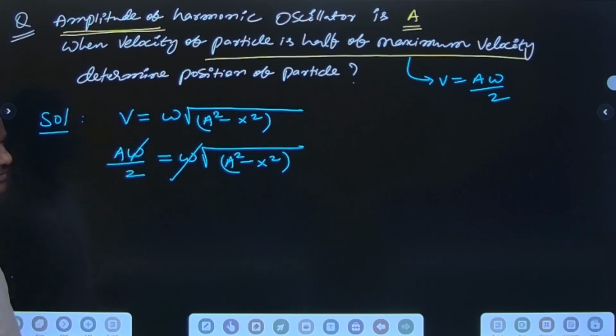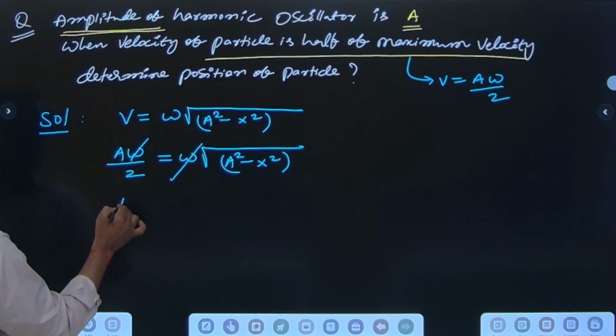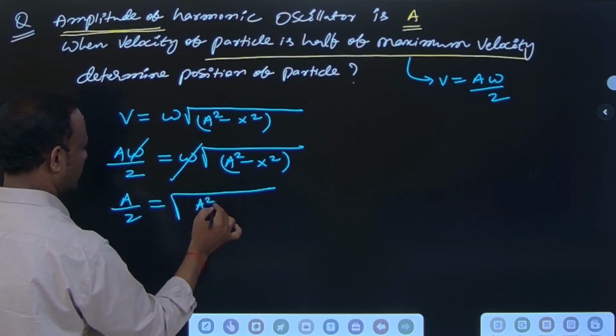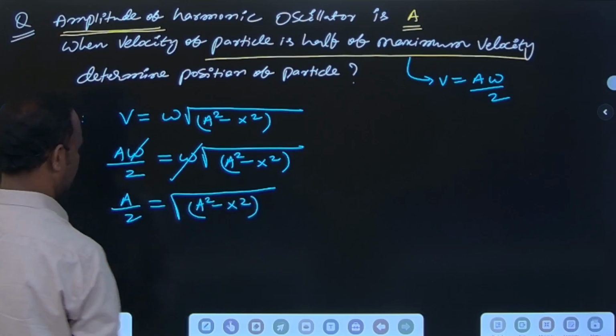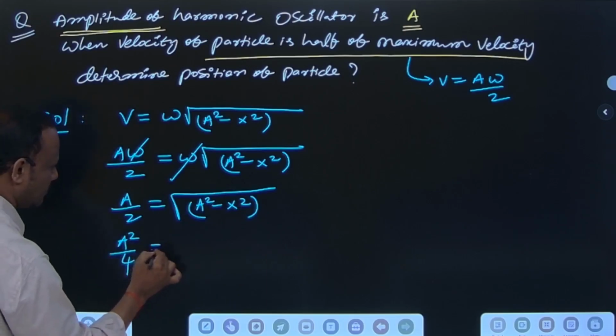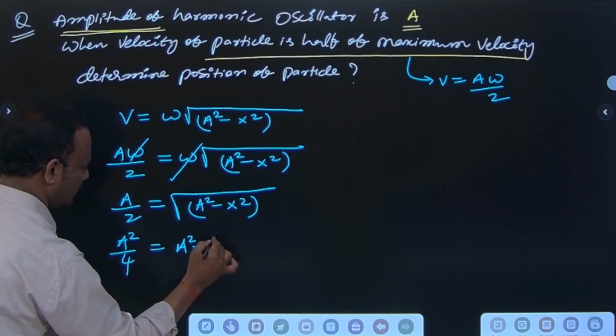Omega, omega cancel. A by 2 is equal to under root of A square minus x square. Squaring on both sides, A square by 4 is equal to A square minus x square.